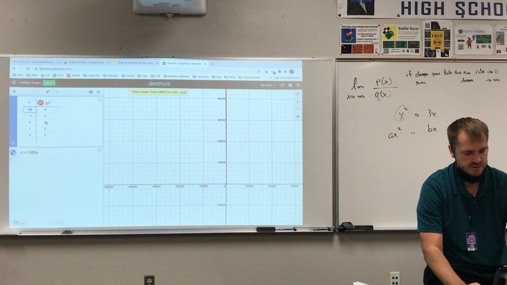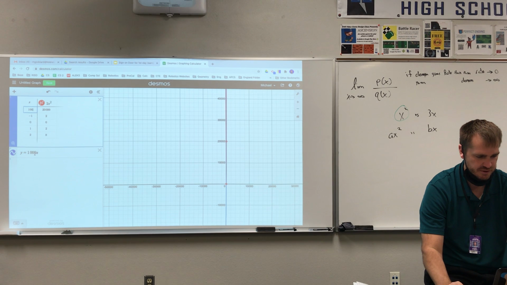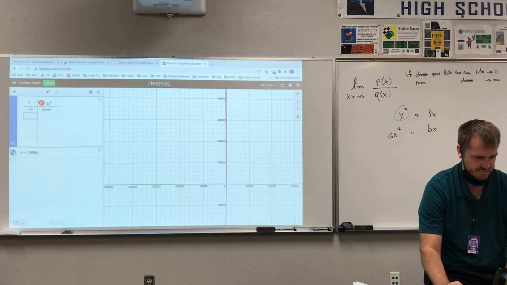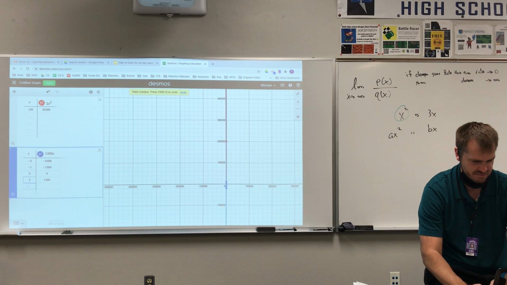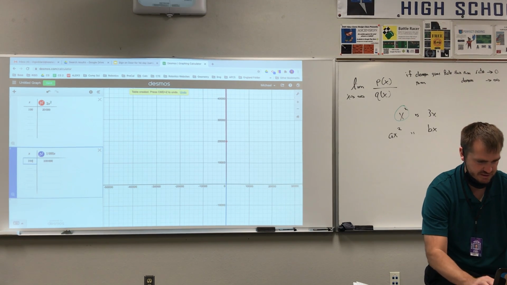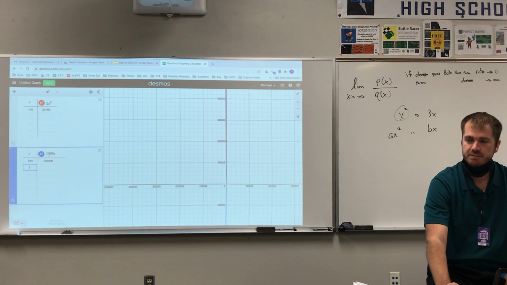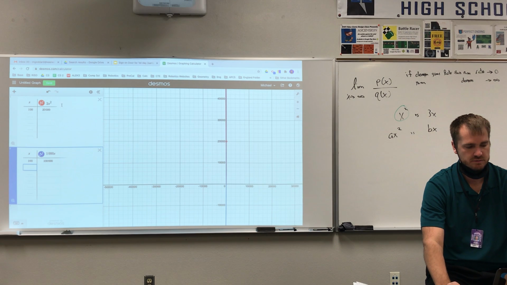All right. So what if I look at when x equals 100 here? X equals 100. All right. So when I'm at 100, who's winning? The 2x squared or the 1,000x? The quadratic versus linear.